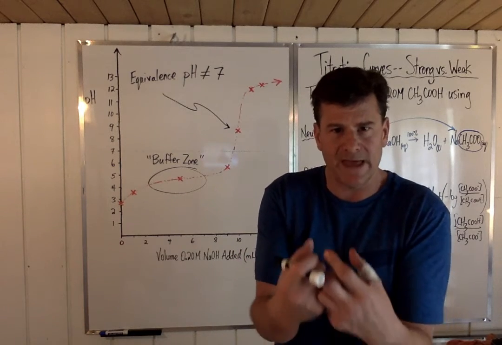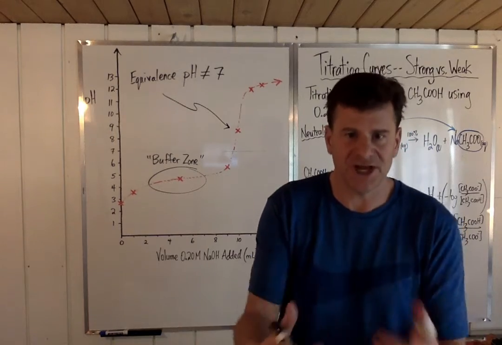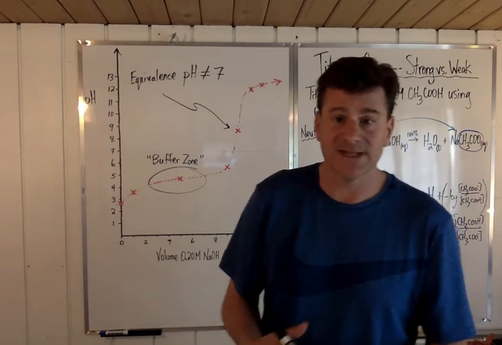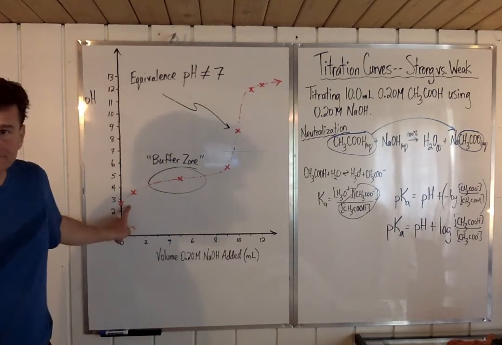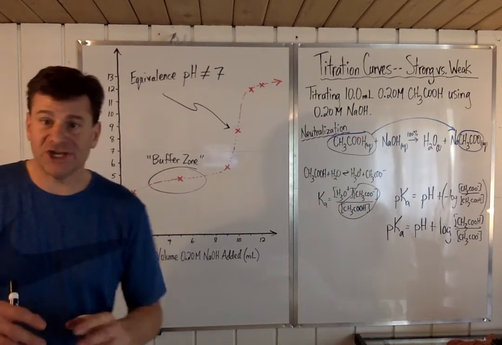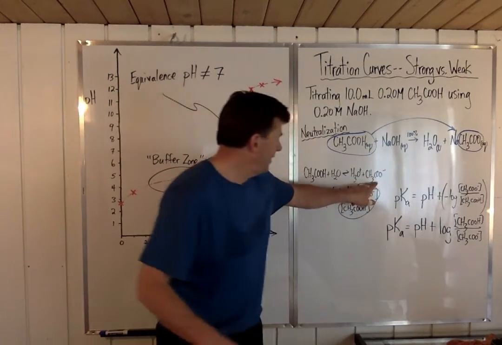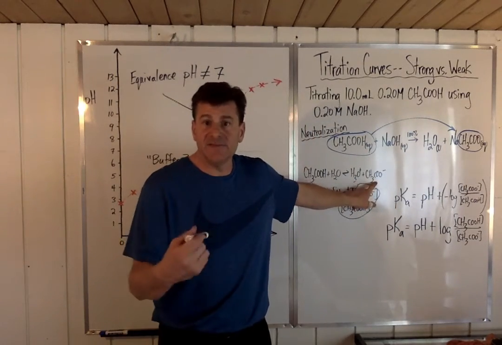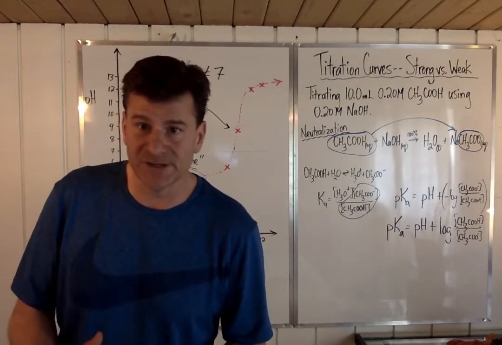It's absorbing that base, and it's not allowing the pH to change so dramatically at that moment in time. So this is kind of what happens right at the very beginning, where it changed really rapidly. You don't have very much of this acetate in the equilibrium, and so it's not doing a very good job of resisting change to pH.